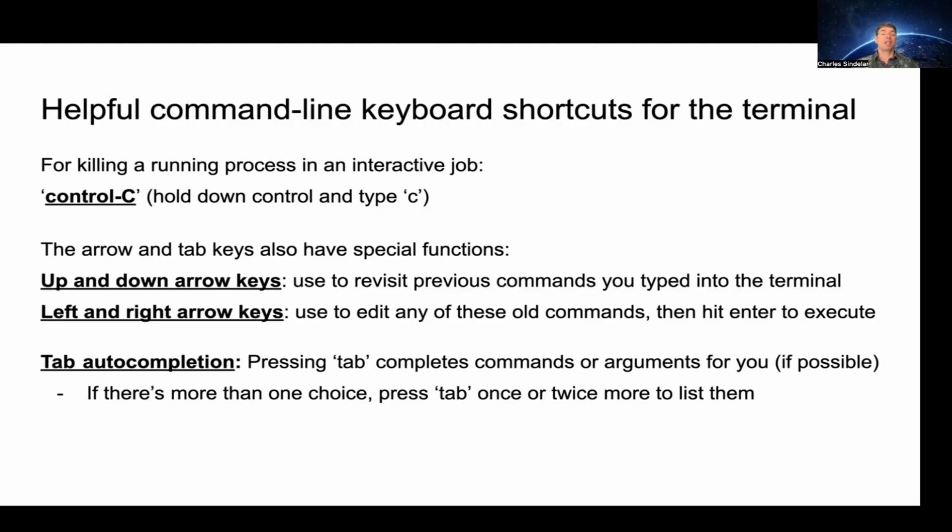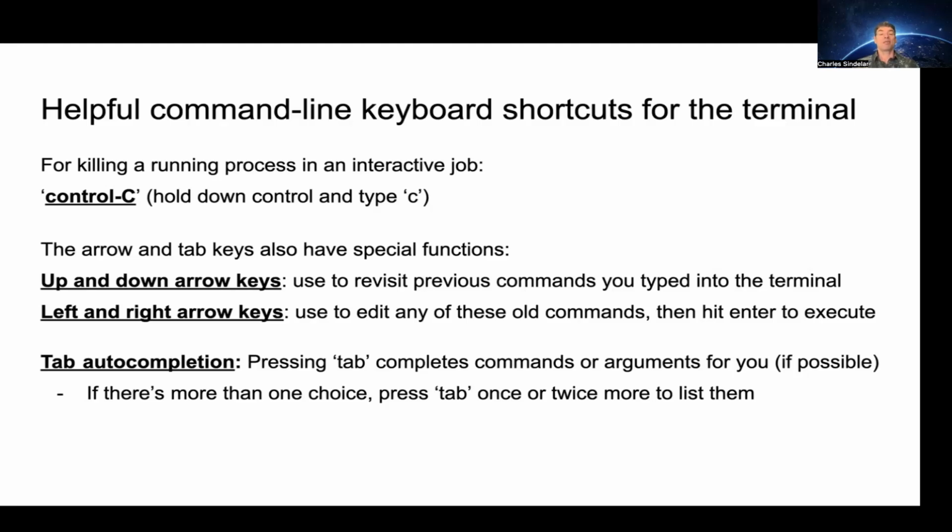More importantly for today are the arrow and tab keys, which have special functions in the command line. The up and down arrow keys allow you to go through your command history, and that's very convenient when you would like to change what you did previously by just a little bit. And you can use the left and right arrow keys to edit those old commands before hitting enter to execute your new command.